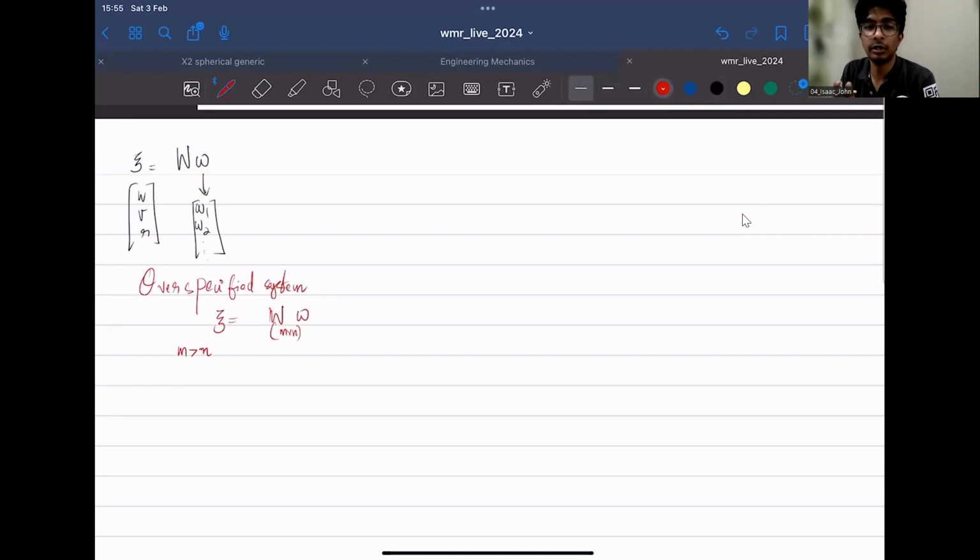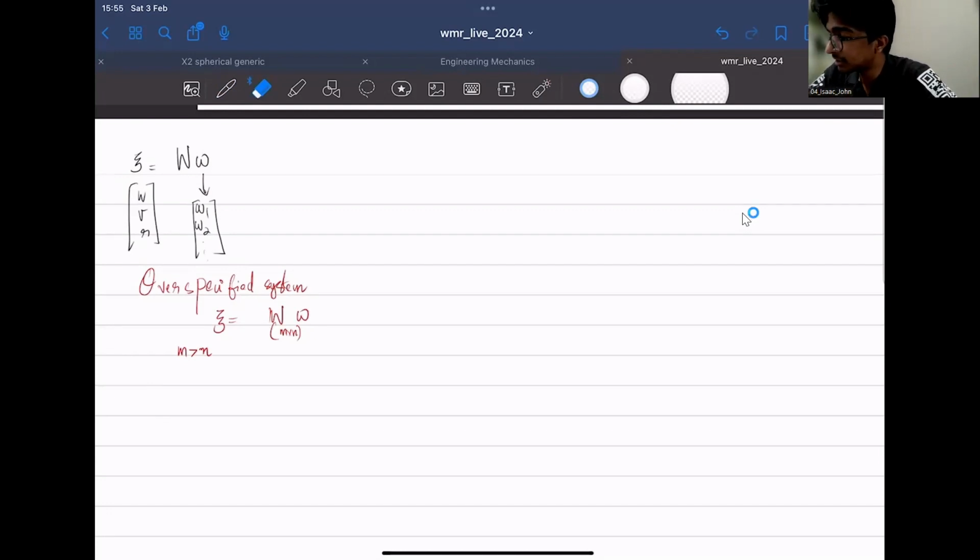So you may not even get a solution at all if the system is over-specified. For example, if you have three states, U, V, and R, and you only have two control inputs, maybe omega 1 and omega 2, as in the case of a differential drive, then finding an inverse may not be even practical at all.